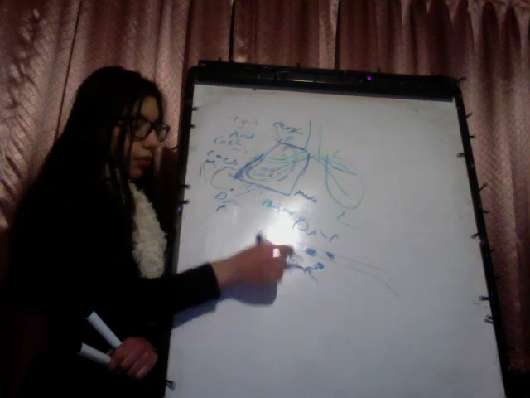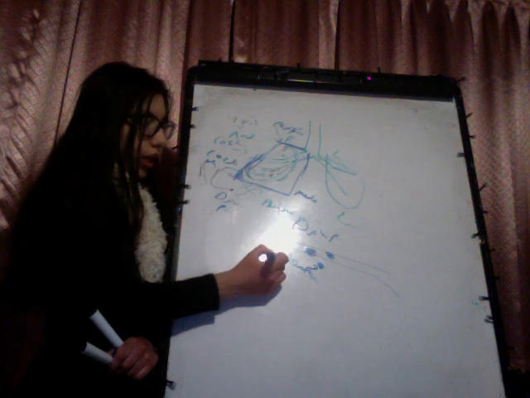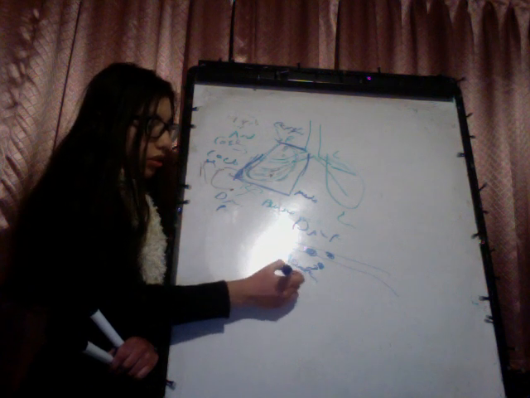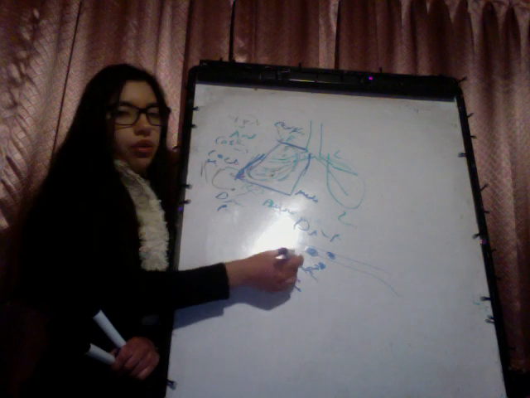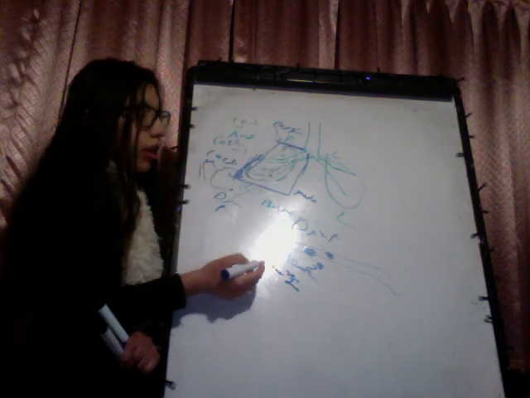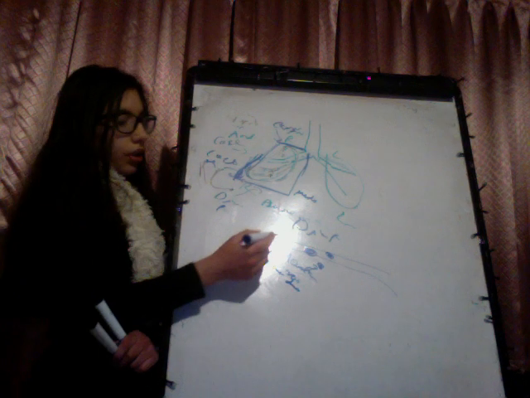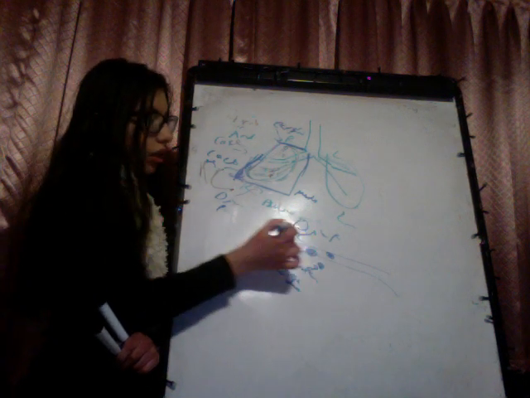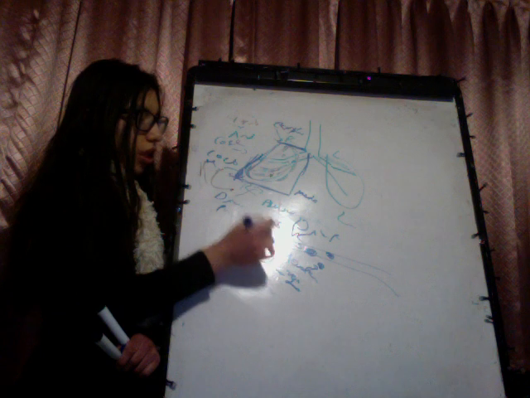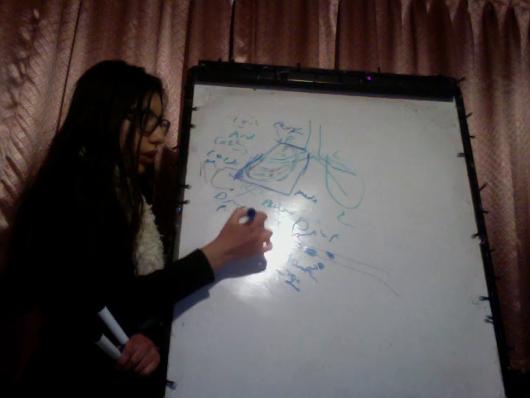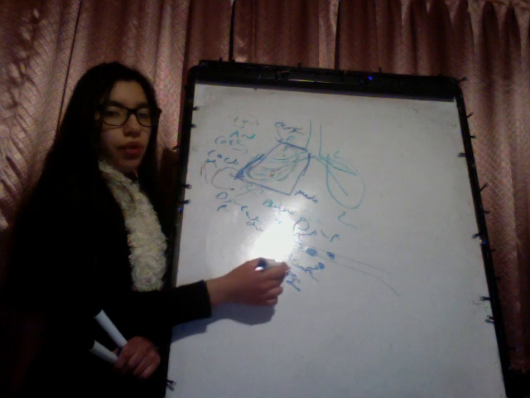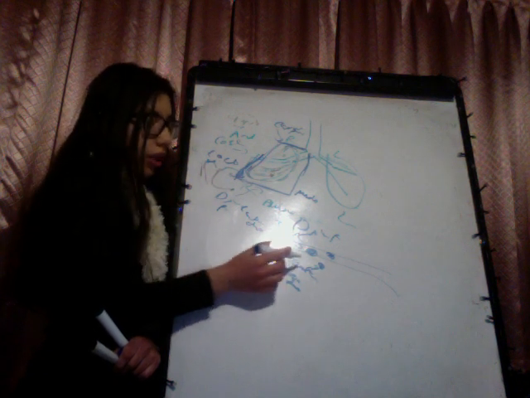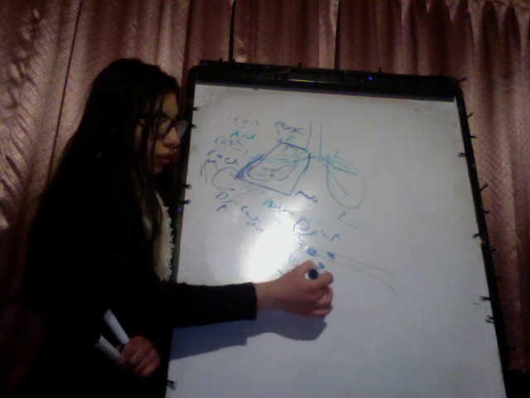Through this hiatus passes the azygos vein and the thoracic duct, and obviously the aorta. Then we have the inferior vena cava. The inferior vena cava passes through the central tendon of the diaphragm. And this hiatus of the aorta is along the arcuate ligament.